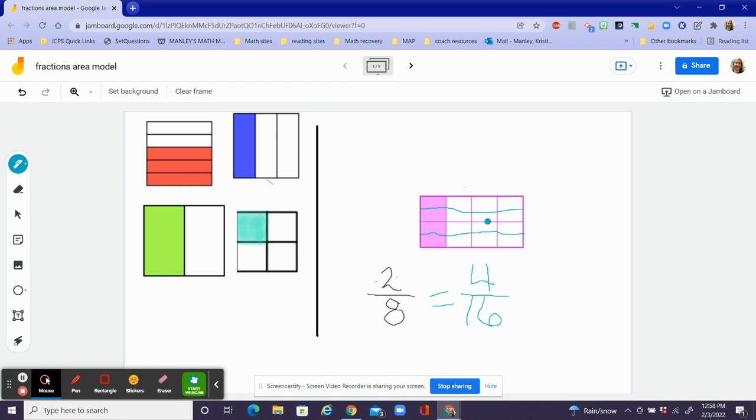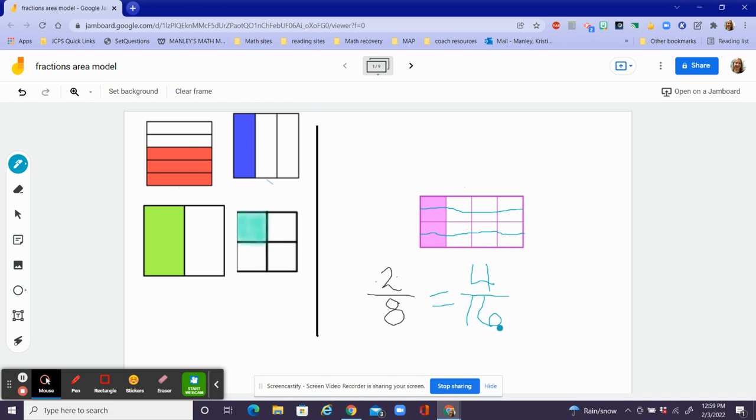So when I had it divided into 8 pieces, 2 of the 8 pieces, 2/8, were purple. When I partitioned it, again, just differently, same rectangle, I'm still focused in on what is purple. I have to count my new sized pieces, and I got 4 of the 16 pieces purple. So I now know that 2/8 is equivalent to 4/16.